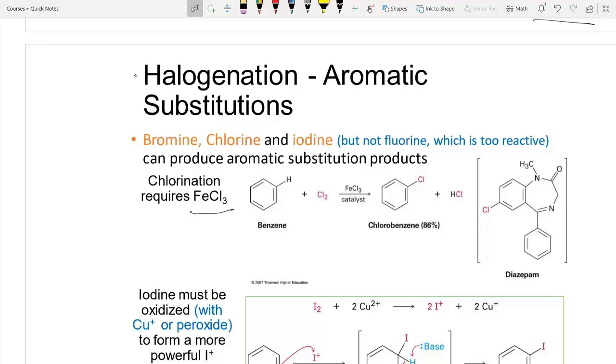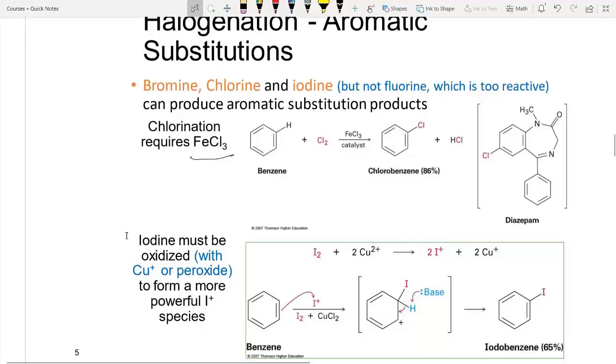An application of these reactions is that you can make diazepam, which is a molecule that is used for things like anxiety, muscle spasms, withdrawal. It's basically something that can have a calming effect, and its name brand on the market is Valium. So if you've ever heard of Valium, that's what it is, and it's made this way.